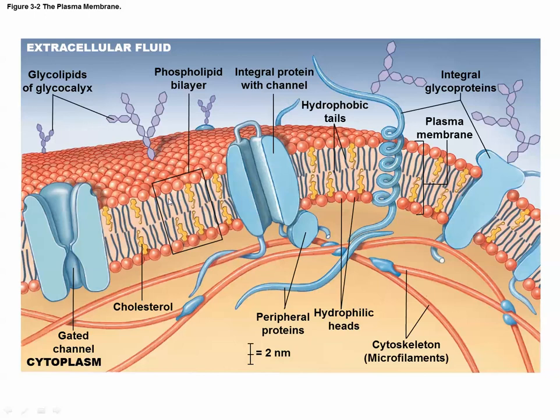So these assemble themselves to make the plasma membrane in what we call a bilayer, because the external heads will orient toward the extracellular fluid, and the internal hydrophilic heads will orient toward the watery cytoplasm. And then the hydrophobic tails will aggregate together on the inside.